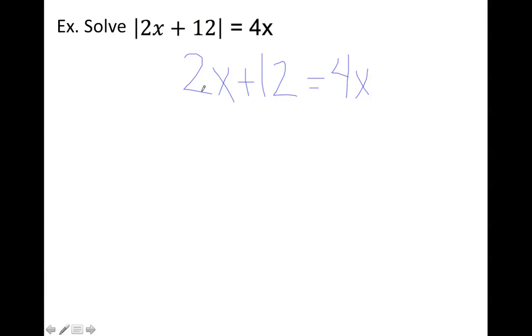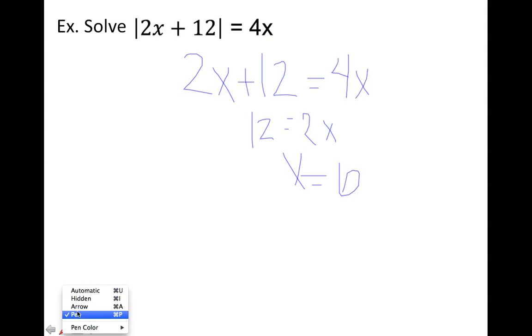Solve that out. You subtract your 2x over, we get 12 equals 2x. Then we have to divide by 2, so x equals 6 for our first equation. Our second equation, change the color back.